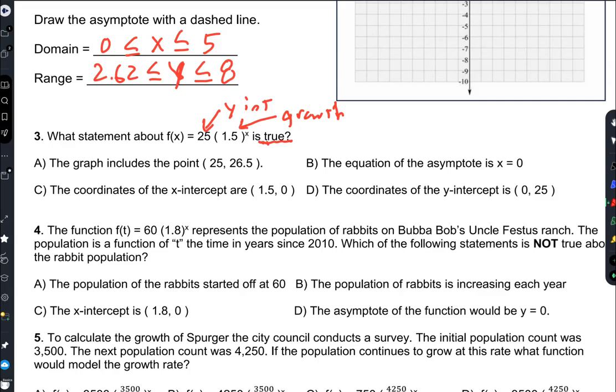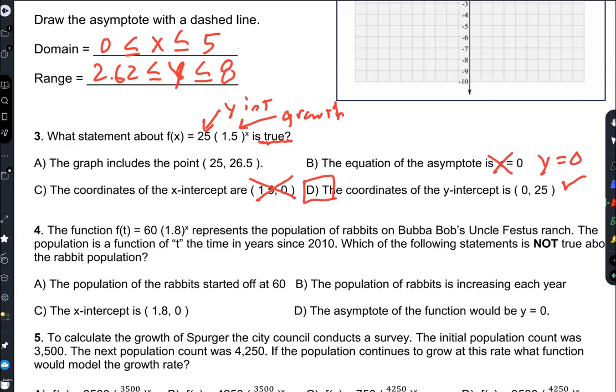Let's eliminate some. The x-intercept, it never ever has an x-intercept. The equation of the asymptote is x equals 0. The equation of the asymptote is y equals 0. And then the graph includes 25 and 26.5.